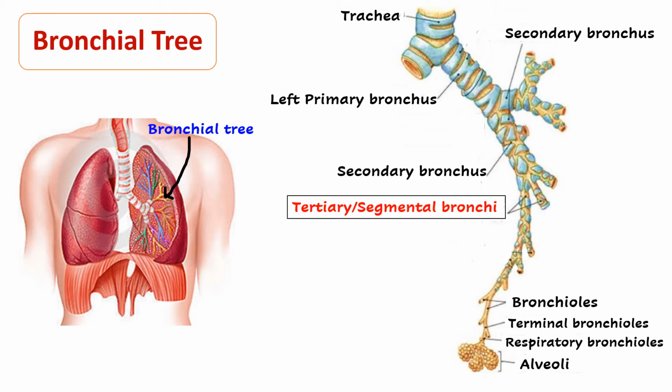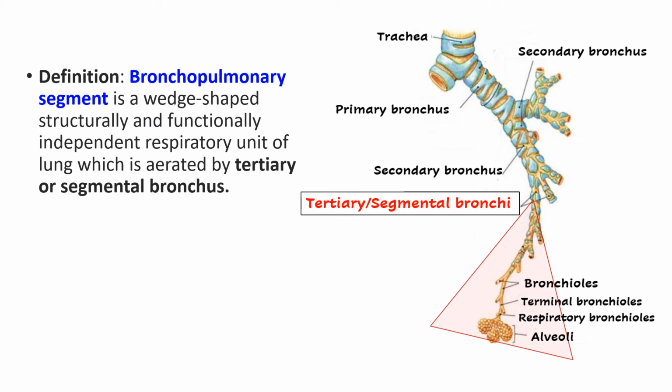Now let us look at the bronchopulmonary segment. So how do we define a bronchopulmonary segment? In simple language, bronchopulmonary segment is a wedge-shaped or pyramidal shaped area of lung which is aerated by tertiary or segmental bronchus and its further subdivisions. Which you can appreciate here in this diagram.